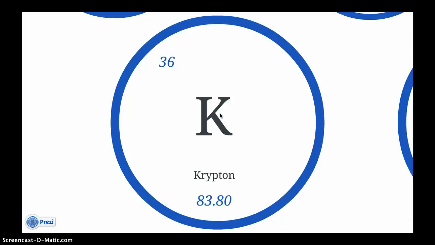So this means that the amount of neutrons in an atom is 44, because if we take 36 and subtract it from 84, we get 44, which means there are 44 neutrons present in this atom.